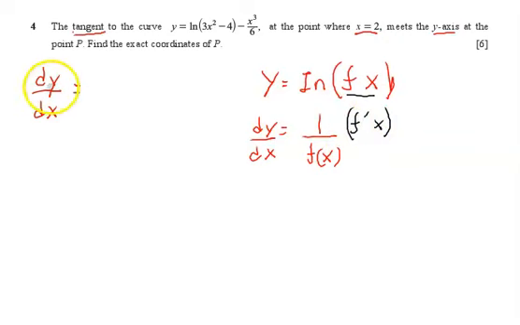So I'm going to do the same thing here: I copy the 3x squared minus 4, 1 over it.